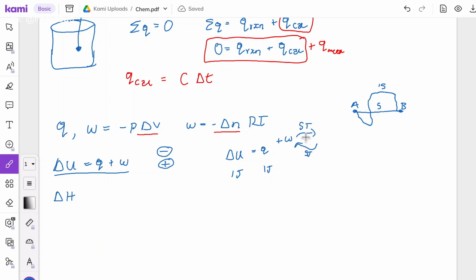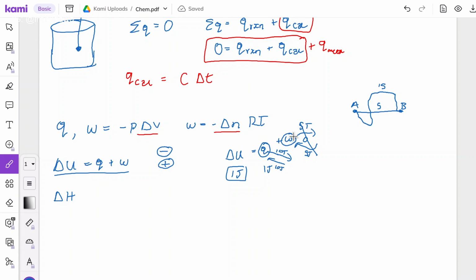So in total, you spent 5 and you got 5 back, but at the end of the day, it still got you back to this 1 joule right here. The 5 minus 5 gives you 0, so it cancels out. That's why work is a path-dependent function, and heat is also a path-dependent function, because you can also have 10 joules of heat given out, and then also receive 10 more joules of heat.